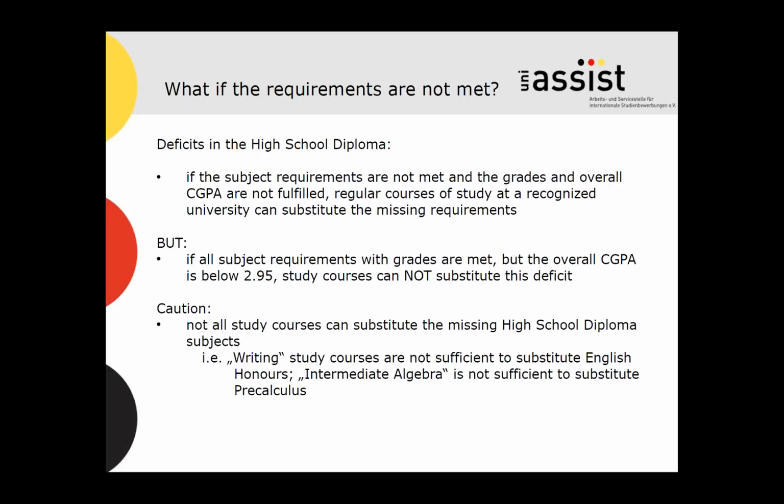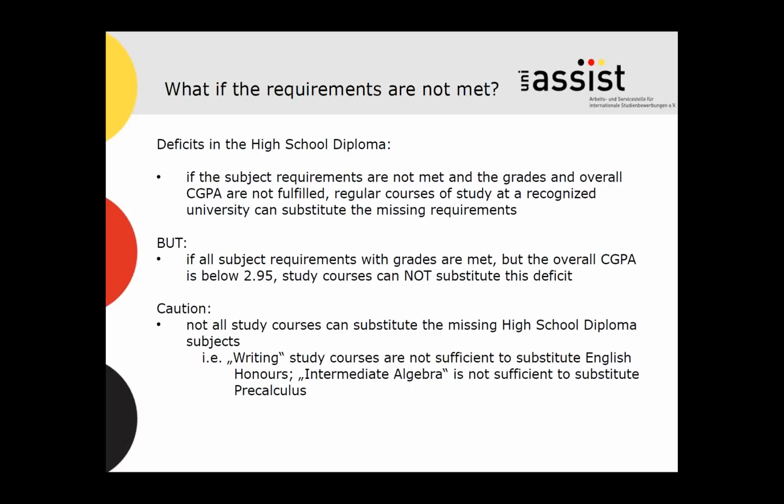So it means if you, for example, didn't take pre-calculus at your high school, you can take this course during your studies at a recognized university in a bachelor program.